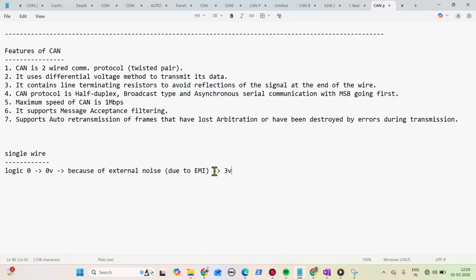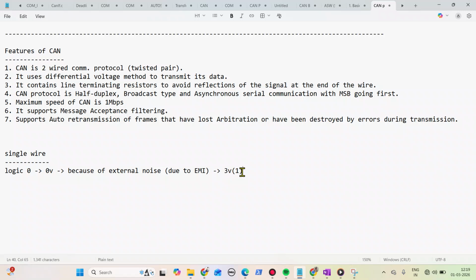The actual logic the transmitter wants to transmit is 0, but the receiver is getting 3 volts, so it is thinking that this should be value 1. What will happen here? The data is corrupted, the data is manipulated, right?